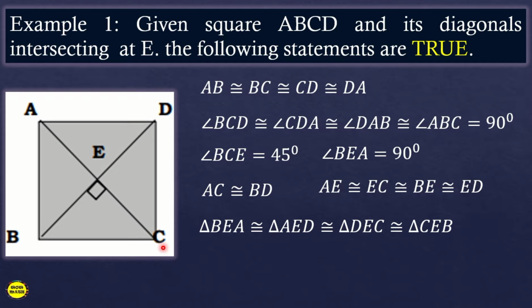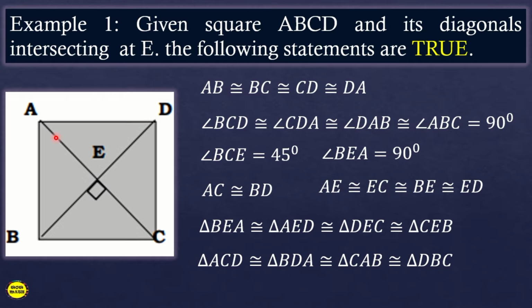Kasi nga, sabi kanina, the diagonals form isosceles right triangles. Pag titingnan natin yung mga triangle na yan, that is an isosceles right triangle kasi 45, 45, 90 degrees. So pare-parehas silang apat.